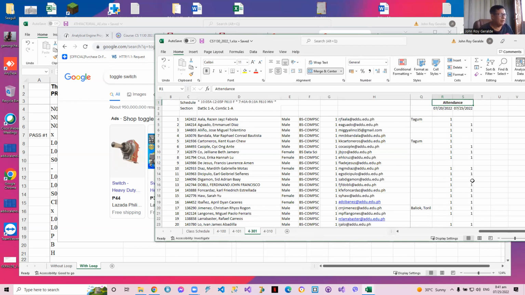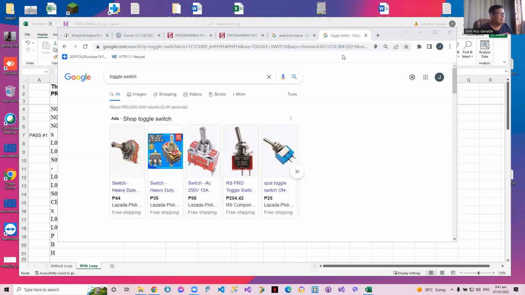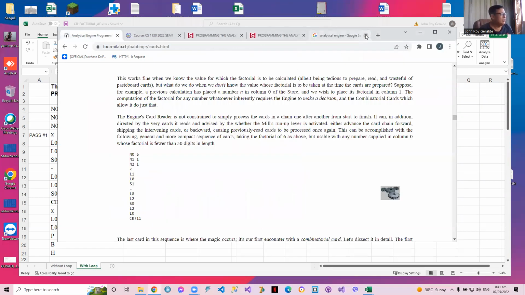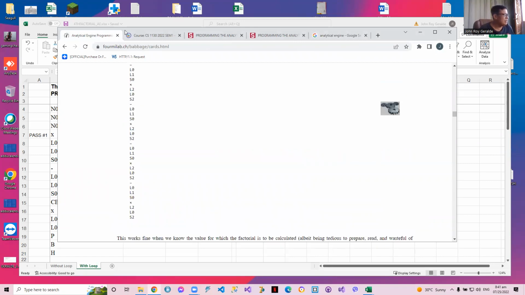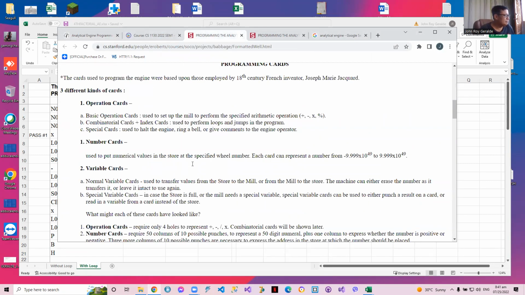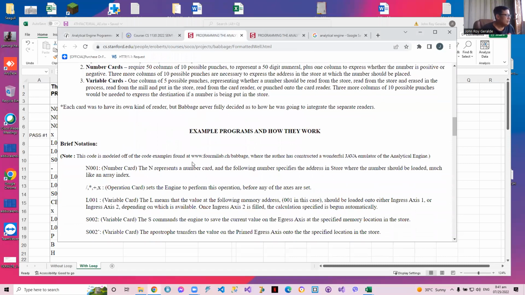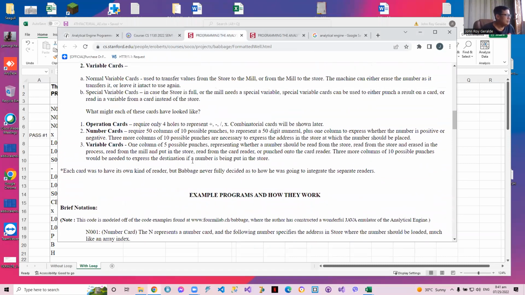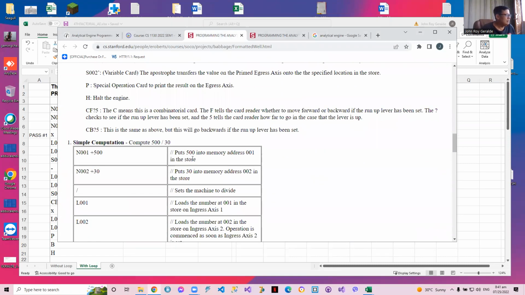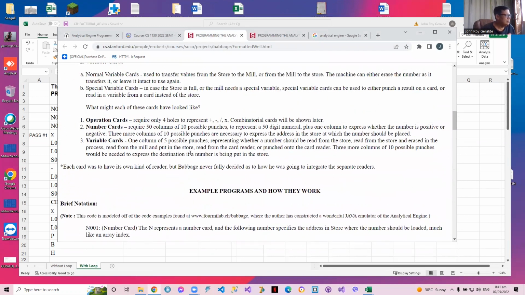So there's a run-up lever, right? If the result is negative, it will switch on. Okay, if the result is positive, or 0, it switches off. Let's describe the run-up lever. Let's read that again. Saan yung run-up lever?